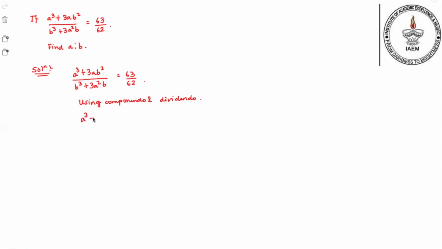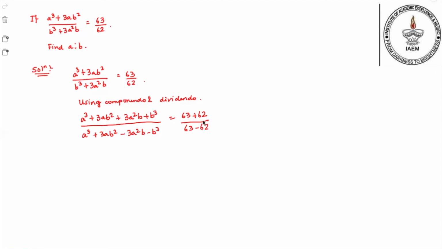We will get (a cube plus 3ab square plus 3a square b plus b cube) divided by (a cube plus 3ab square minus 3a square b minus b cube) equals (63 plus 62) by (63 minus 62).